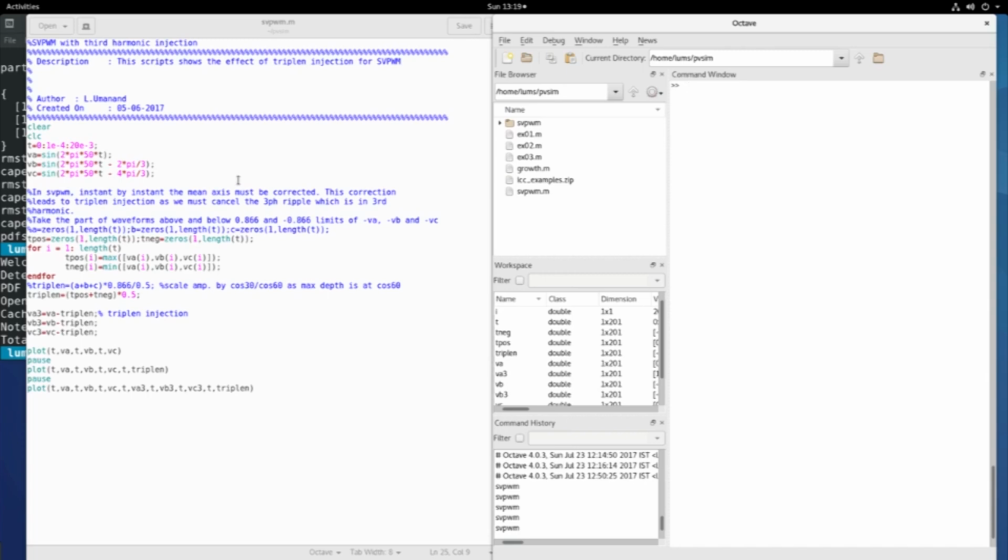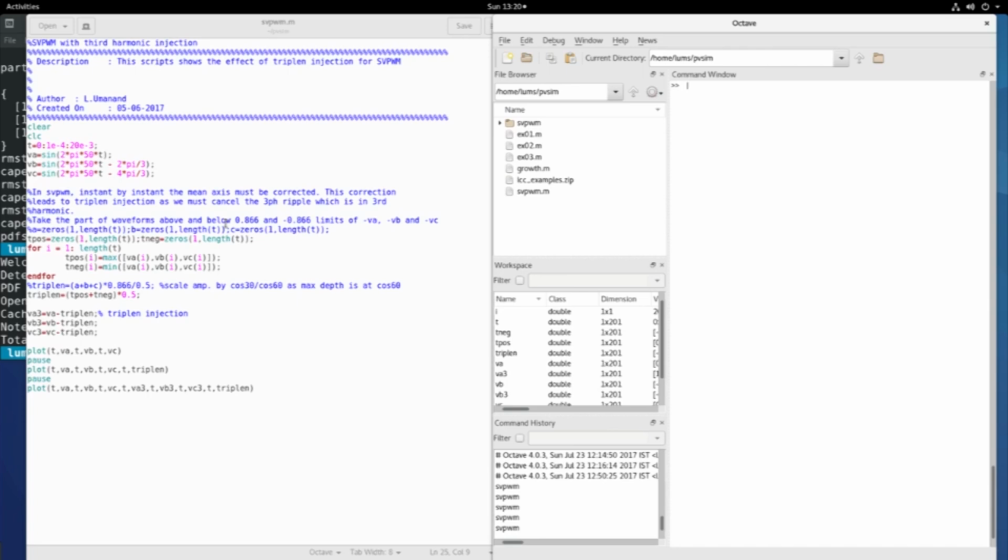See, in the discrete case, because at the offset we had included minus t min plus t naught by 2, where t naught is the zero space vector time, it is not equal on both sides, t naught by 2 and t naught by 2.